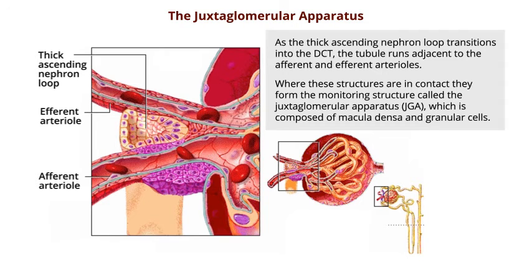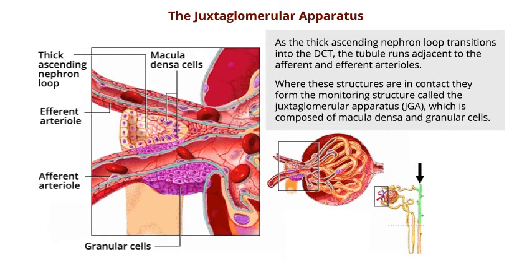The modified smooth muscle cells of the arterioles, mainly the afferent arteriole, in this area are called granular cells. These enlarged cells serve as baroreceptors sensitive to blood pressure within the arterioles. Cells of the thick ascending segment in contact with the arterioles form the macula densa. These cells monitor and respond to changes in the sodium chloride concentration of the filtrate in the tubule.